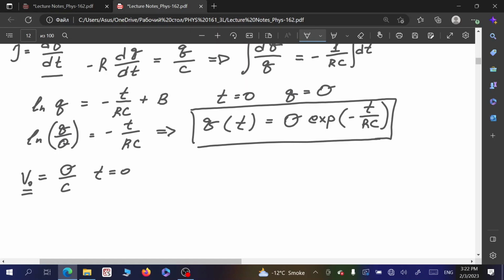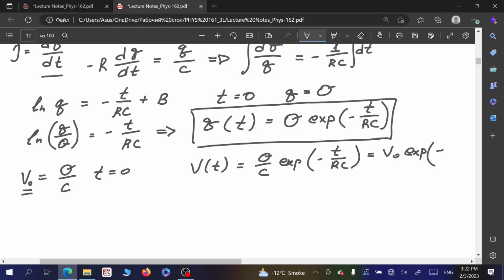So that's why we can write that the potential difference as a function of time between the plates of the capacitor is given as Q over C times exponent minus t over RC, or that is equal to V naught exponent minus t over RC.